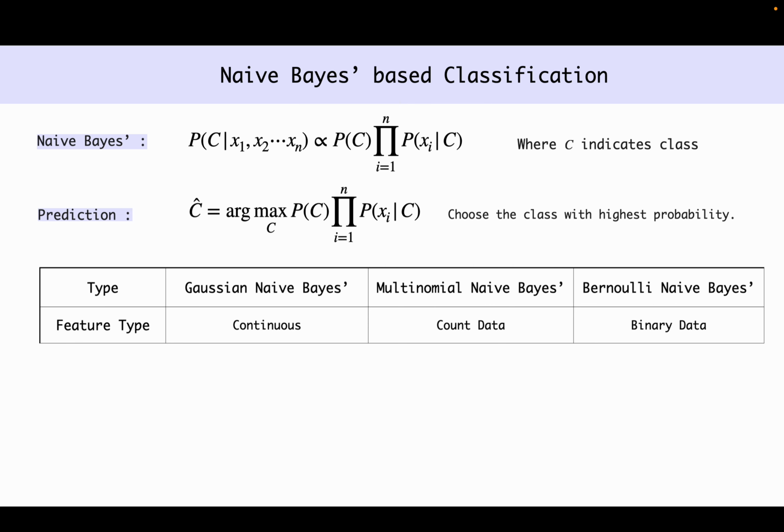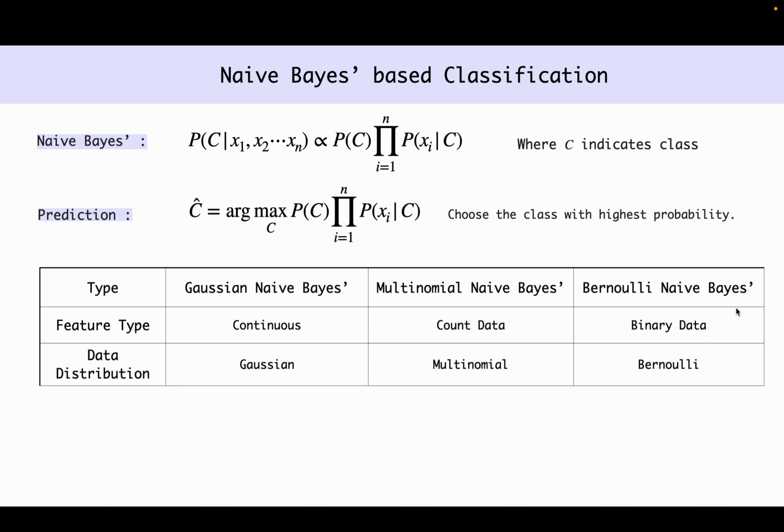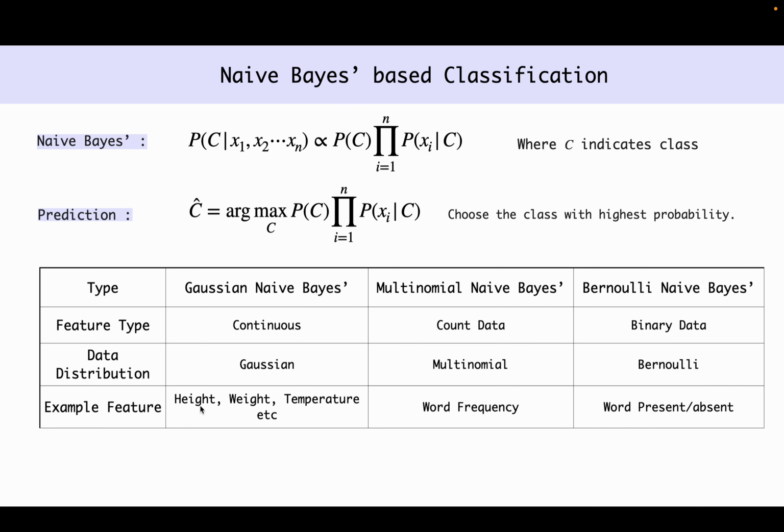The first difference between these three types is the feature type. The feature values are continuous in the case of Gaussian, whereas in multinomial naive Bayes we usually take count data, meaning how many times a particular word has occurred, and in Bernoulli this could be binary data, whether it is yes or no. The distributions are Gaussian, multinomial, and Bernoulli respectively. Examples: height and weight are continuous values, whereas in multinomial naive Bayes we use word frequency, and in Bernoulli naive Bayes we use binary information about whether the word is present or not.